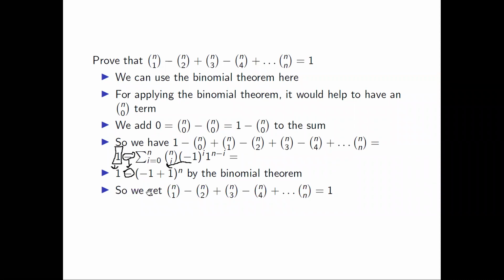So we can simplify that because negative 1 plus 1 is 0. So we get 1. And we can conclude then that the summation that we started with, n choose 1 minus n choose 2 plus n choose 3 minus n choose 4, and so on up to n choose n, this is equal to 1. So that was a pretty nice use of the binomial theorem. It gave us a solution that was only a few lines.